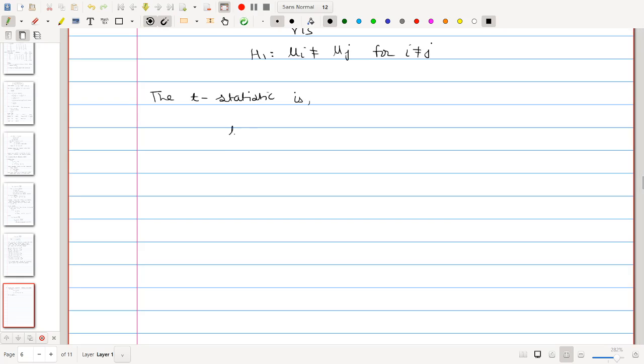In that case, t is y bar i dot minus y bar j dot divided by under root of MSE into 1 upon ni plus 1 upon nj. This is our two sample t statistic to test this H0 versus H1.